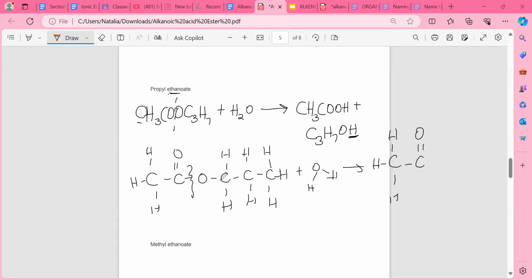What do I add to this part of it? Add an OH. And to the alcohol part, I add an H. So that's what I get when I acid hydrolyze this.